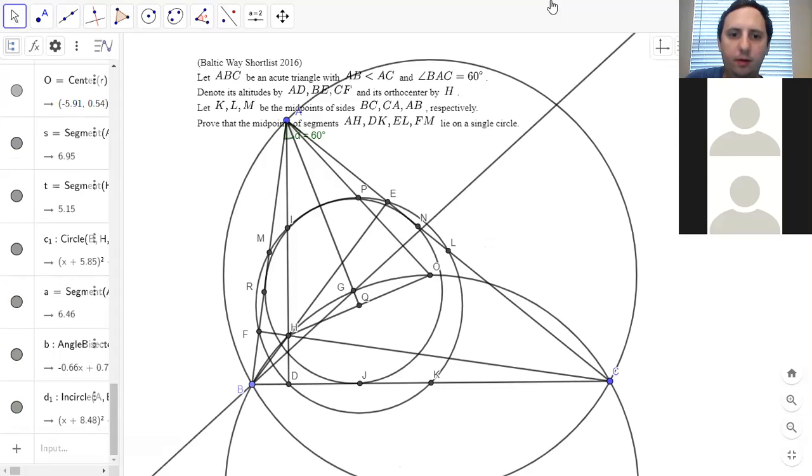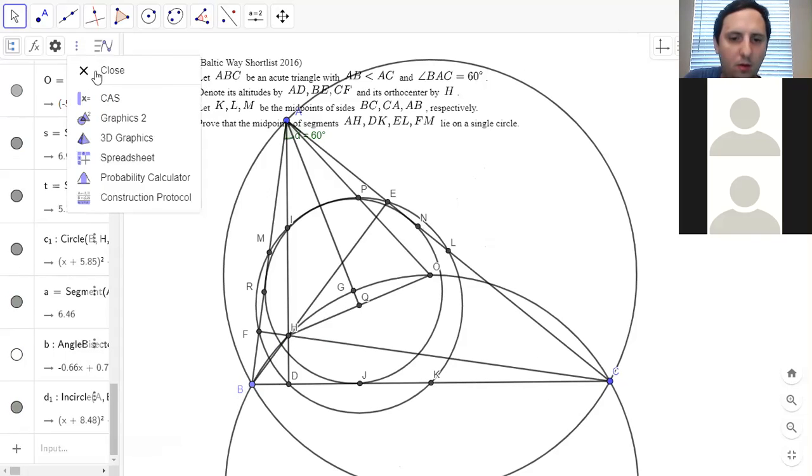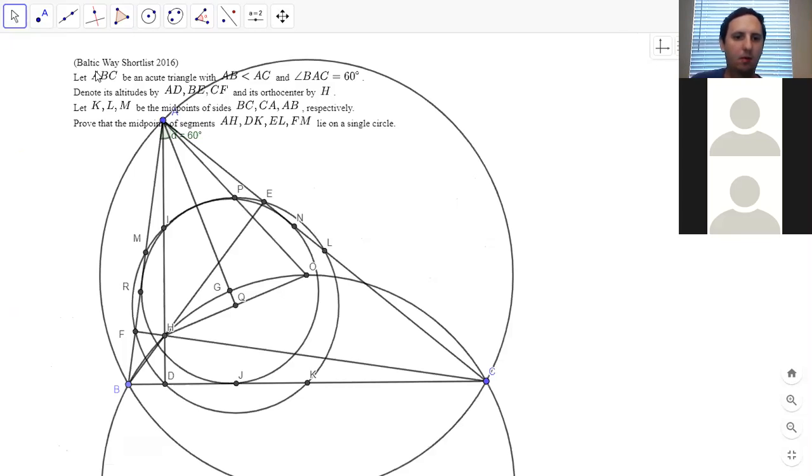But I think G is still the center of the circle. It's just not the in-center, I think, right?